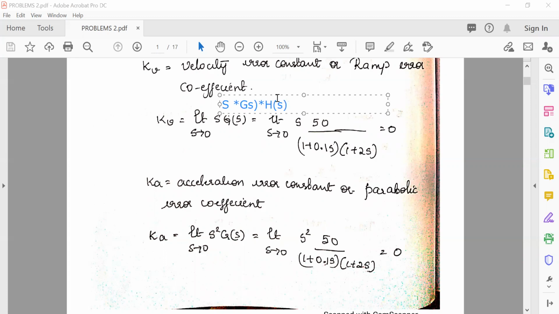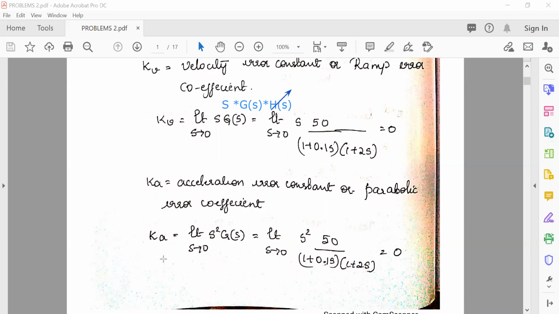Earlier, it was s into g of s into h of s. Please be careful, it is not only s into g of s, it is s into g of s into h of s. Because h of s is 1 here, I have not considered that value, so it is just s into g of s. I have not shown h of s.